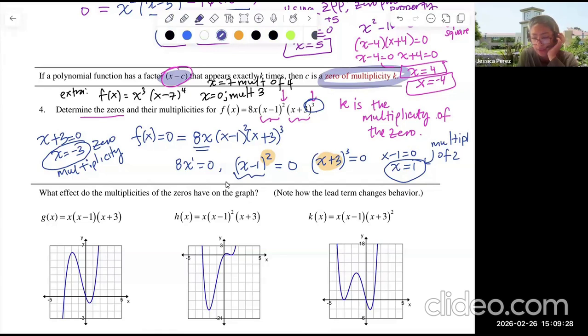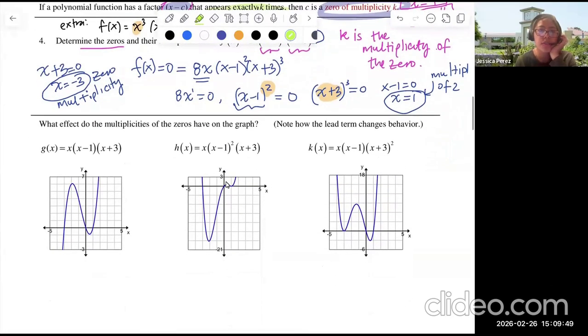How? Well, again, we first define the zero. x is equal to 0. That's one of the zeros. It would have multiplicity of 3 because the exponent of that factor is 3. And then we have x minus 7, set that equal to 0. We get x equals 7, and that will have multiplicity of 4 because I have an exponent of 4.